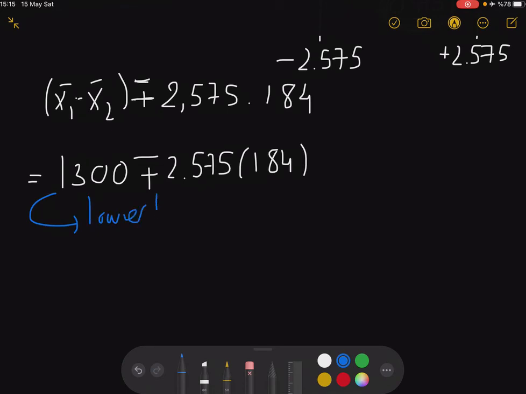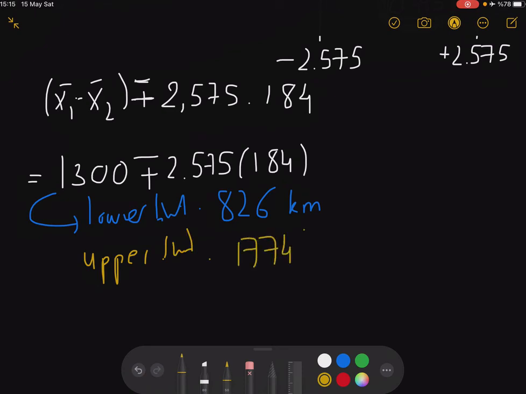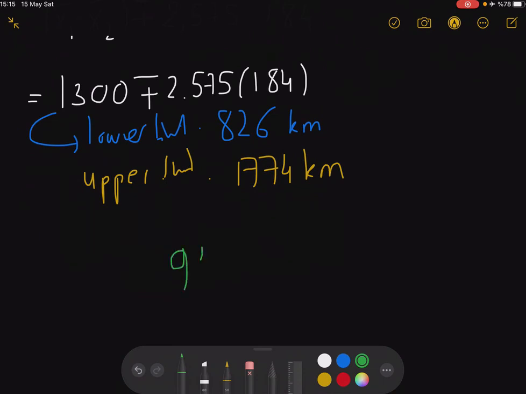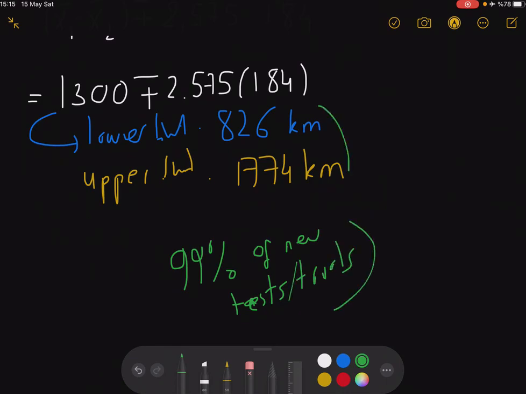The lower limit should be this much in kilometers, and your upper limit, for the plus version, should be 1,774 kilometers. So it means that 99% of new tests or trials like this will fall within this range. Look at this. All right, so that's it.